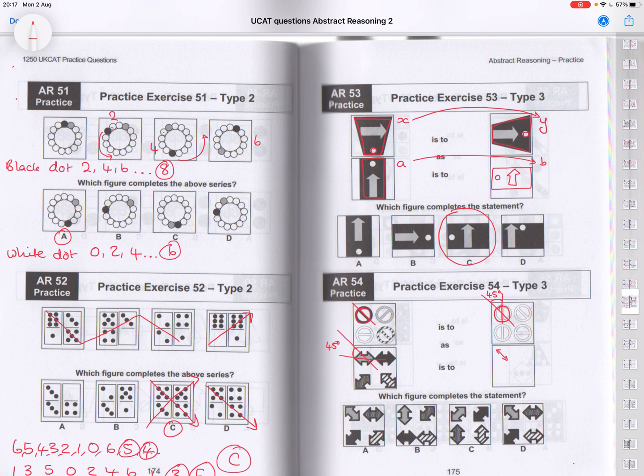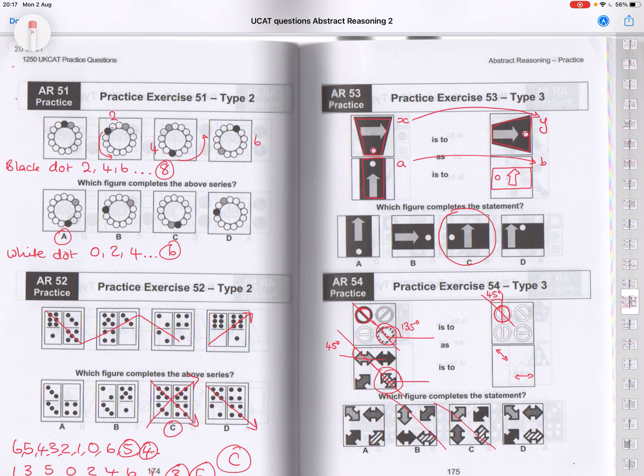That's going to rule out everything but A and D. As you can see in A and D, it's only the bottom right hand side that's going to help us now to determine the difference between these. This has been rotated through 135 degrees. So if we do the same with this arrow, through 135, we'll get to a horizontal arrow.